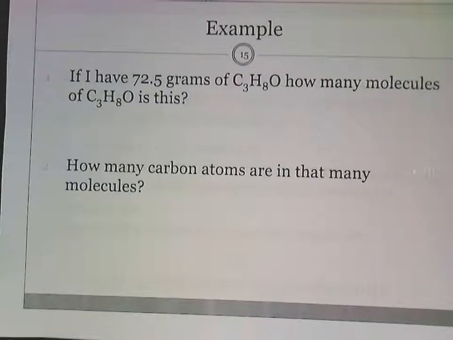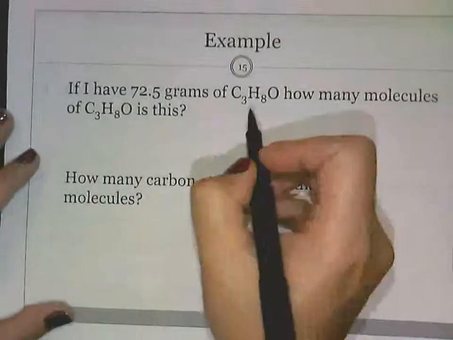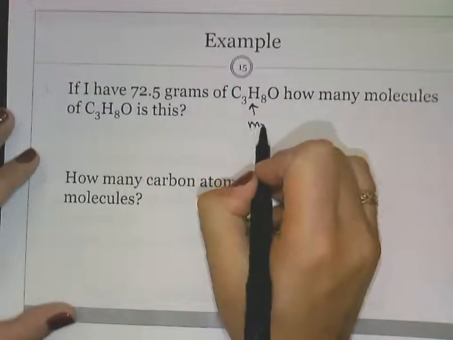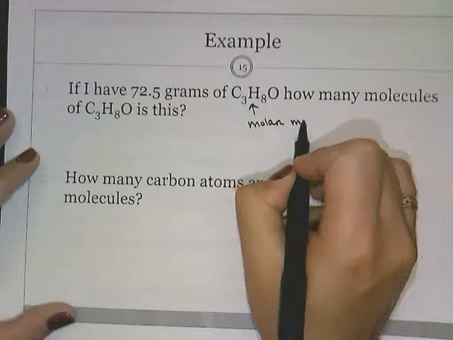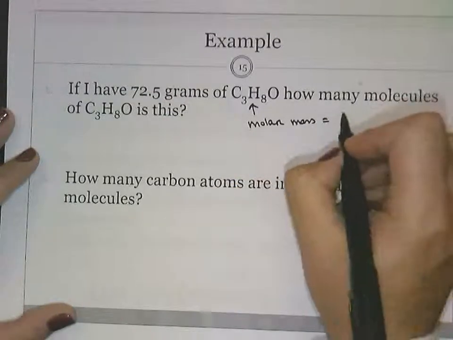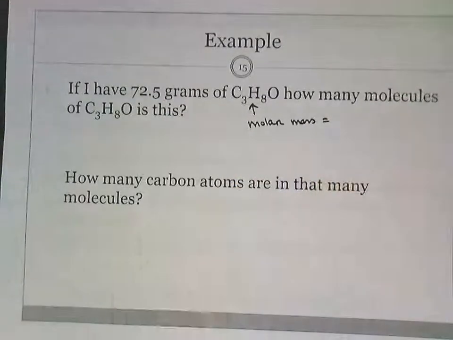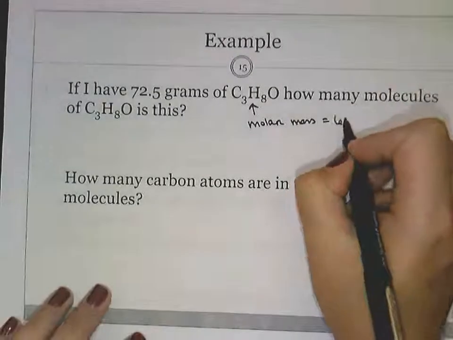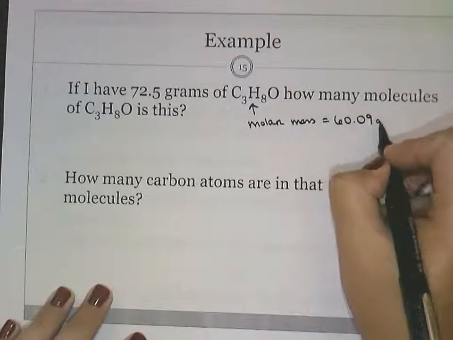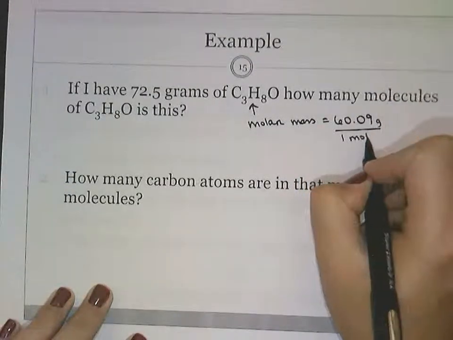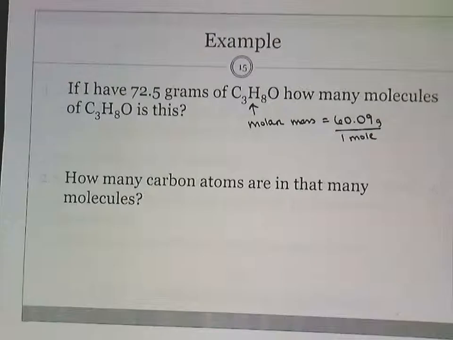I'm feeling generous today, so I'll go ahead and tell you what the molar mass of that is. If you finish that, then you can do the second half of the problem.